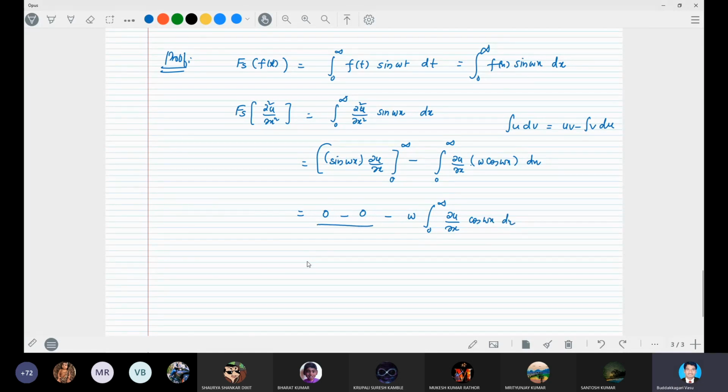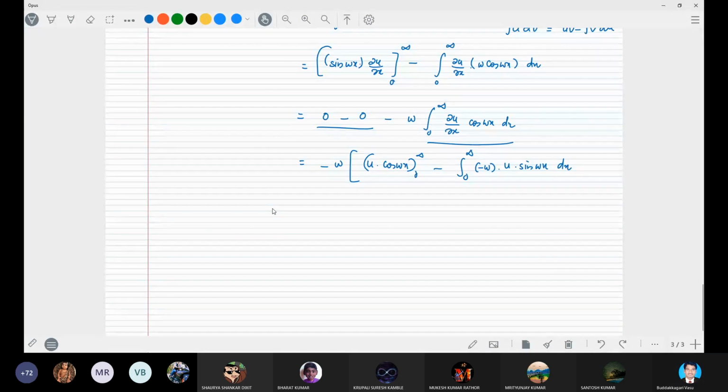So this first term will be 0, and that is equal to minus omega into, again apply the integral by parts, u into cos omega x from 0 to infinity minus the integral from 0 to infinity of minus omega into u into sine omega x dx. The derivative of cos omega x is minus omega sine omega x, right?